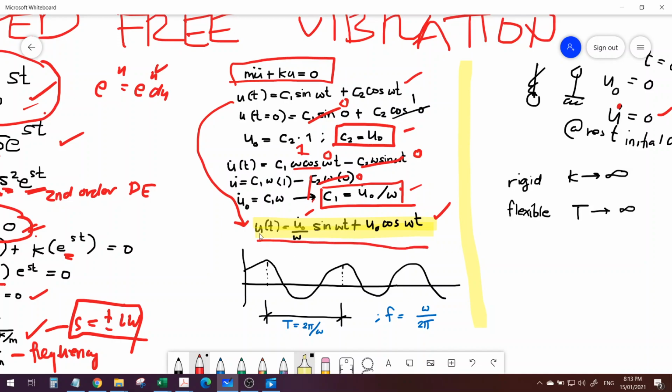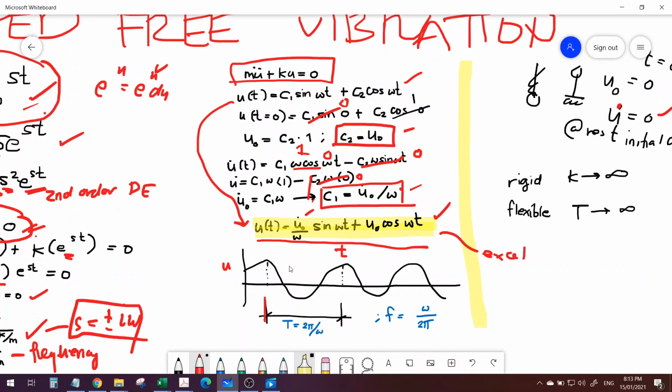If you plot this in a spreadsheet or in Excel, you should come up with this kind of graph, wherein this is your u, and the x-axis, or abscissa, is time.